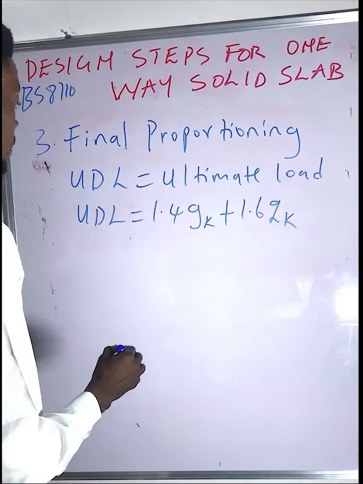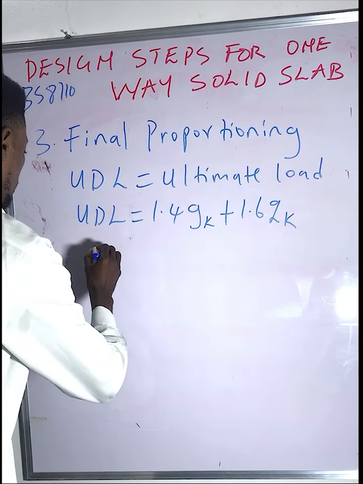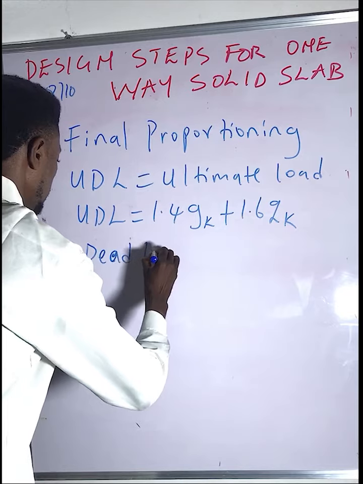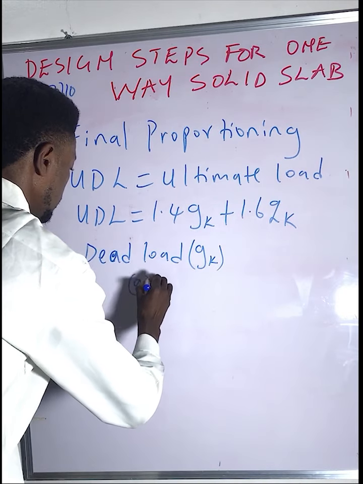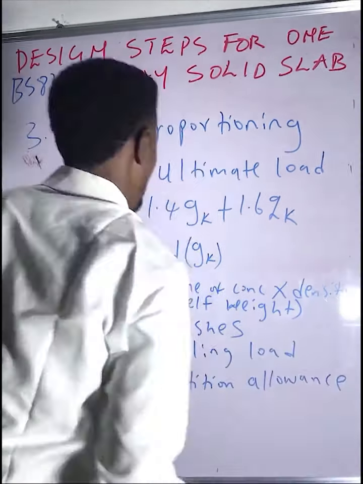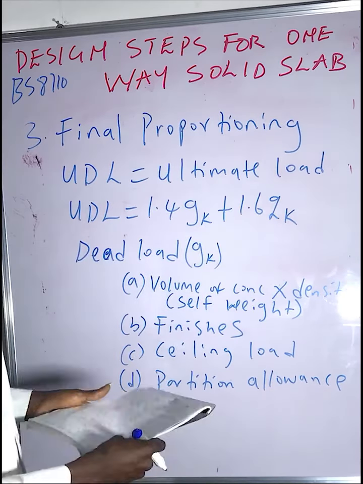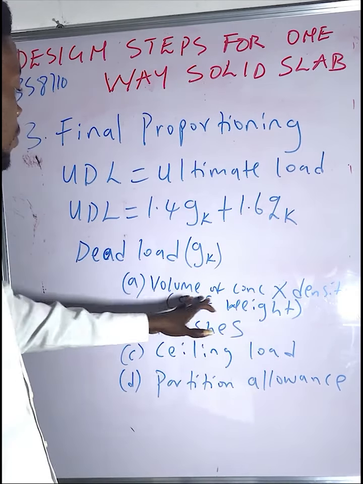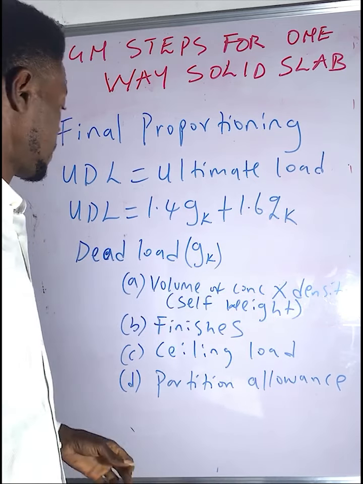So to get your dead load, Gk, first of all, you consider the self-weight of concrete. To get your self-weight is volume of concrete times density.